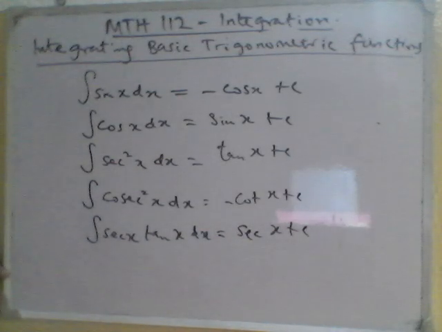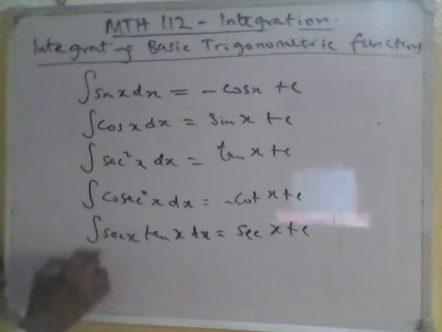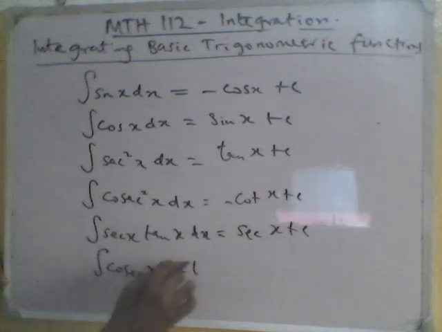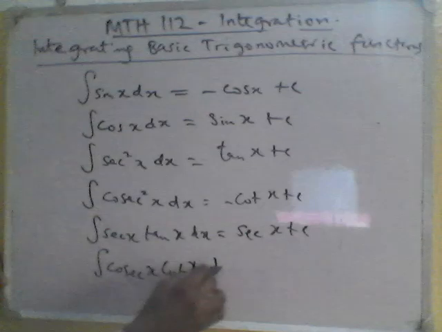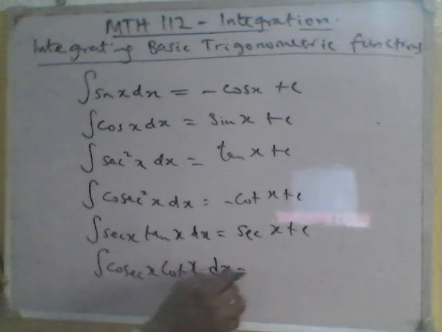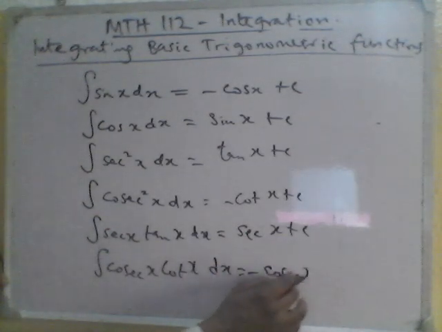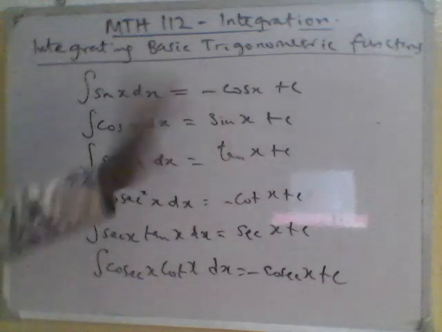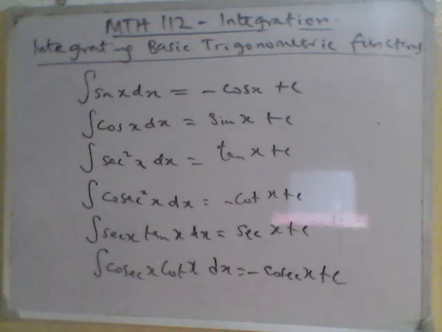And if I ask to integrate cosec x cot x dx, the standard integral is minus cosec x plus c. Okay, so these are standard integrals. Wherever you see them in an integration question, you just reproduce the corresponding answers. So we'll take examples where we apply this.